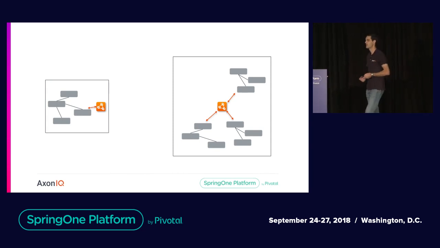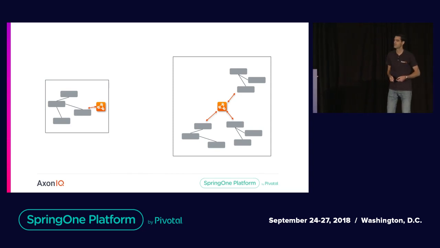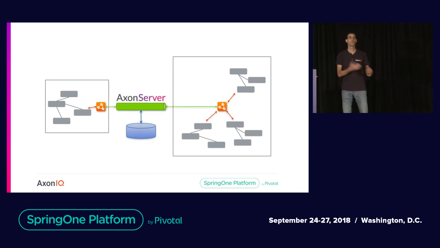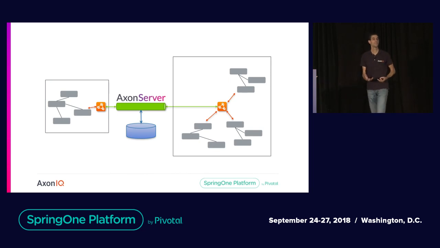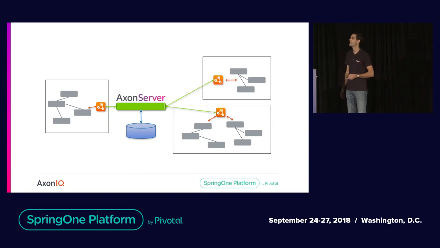And last week we announced the Axon Server, which we are going to open source very soon. It sits in between, and it doesn't only transport messages, but it can also store these events for you for later use. And that allows us to very dynamically evolve the application and even scale if we want to.